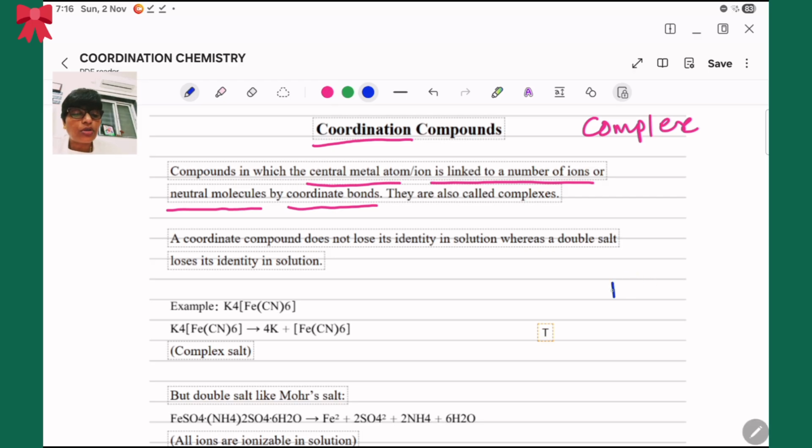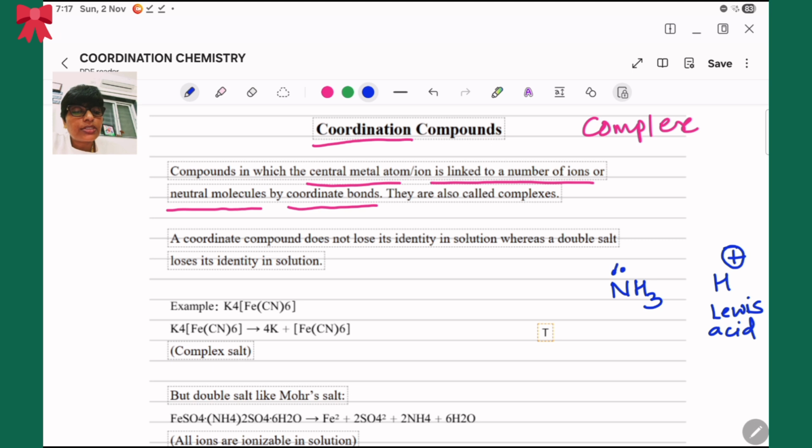For example, take a simple example like NH3, which is a Lewis base because it has a lone pair of electrons, and when it reacts with a proton like H+, which is a Lewis acid because it is deficient of electrons. So when these two species come together, they will definitely react.